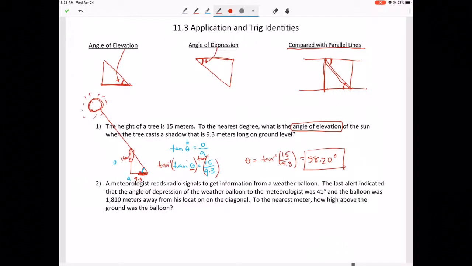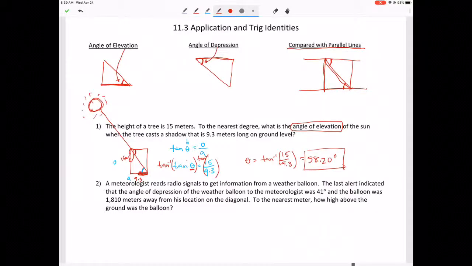Here we learn that the angle of elevation and the angle of depression are always exactly the same. So for example, in this problem, if we had this triangle, we would know that this angle is also 58.2. So the angle of depression and the angle of elevation are the same.